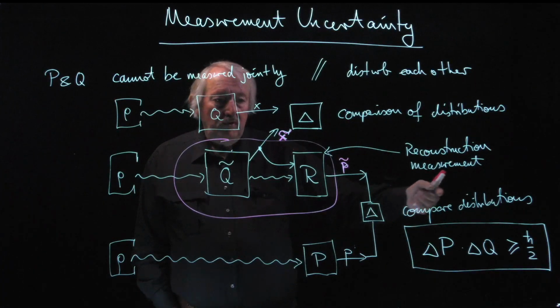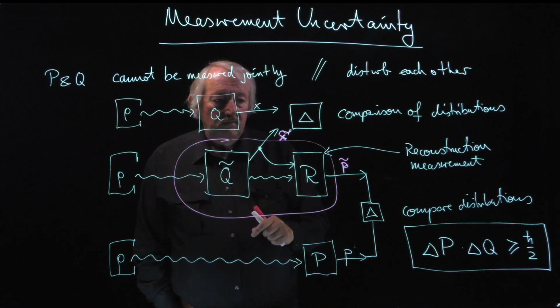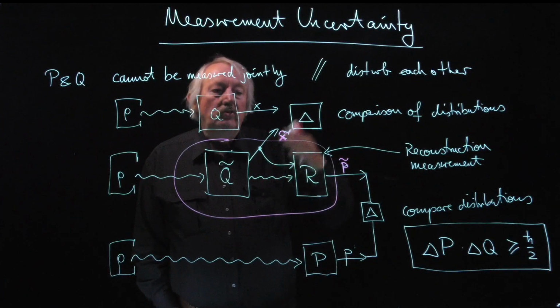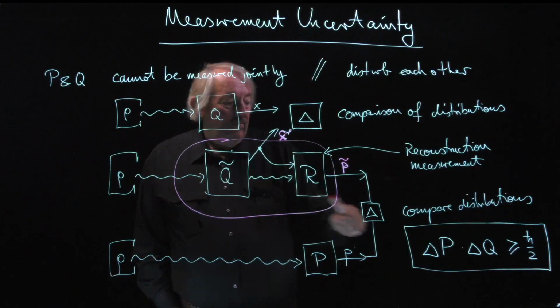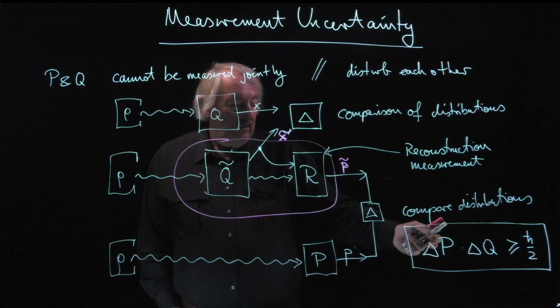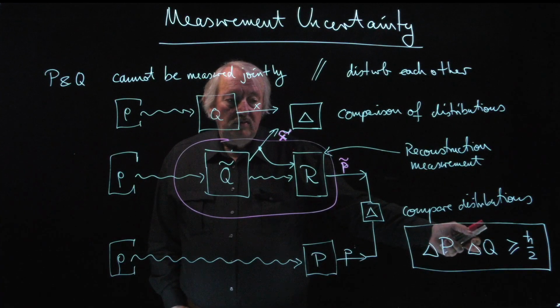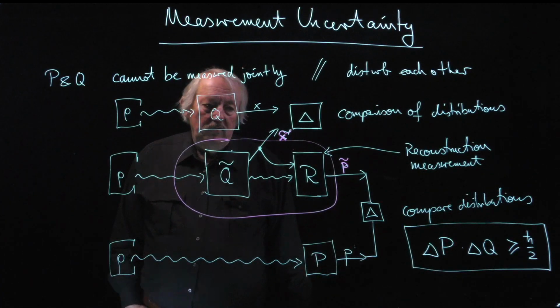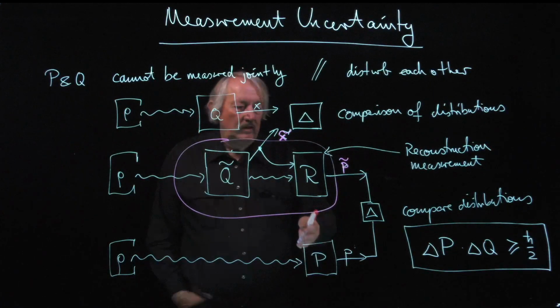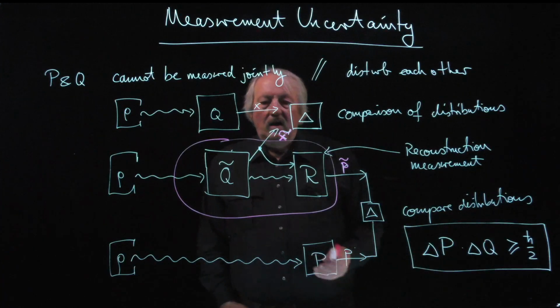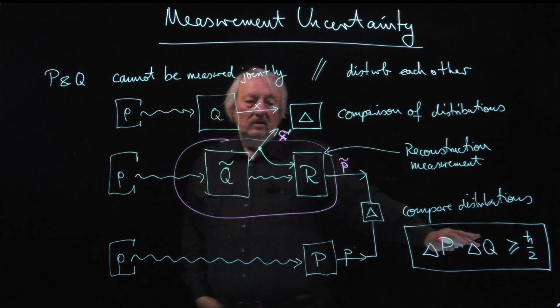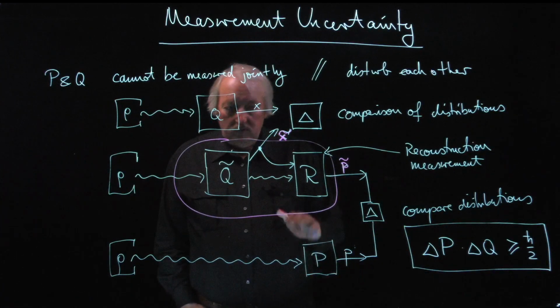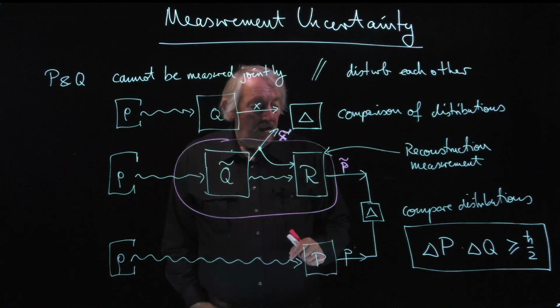So being related by a Fourier transform is actually what you need here. And this Fourier transform can be a generalized one, so that the P would be a sigma x measurement, this would be a sigma z measurement, and the Fourier transform is a Hadamard transform. Right? So in quantum information, we immediately have cases of this, where also this equality holds. And I will discuss that in later videos.